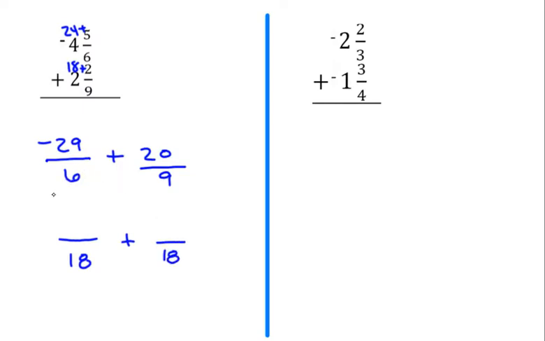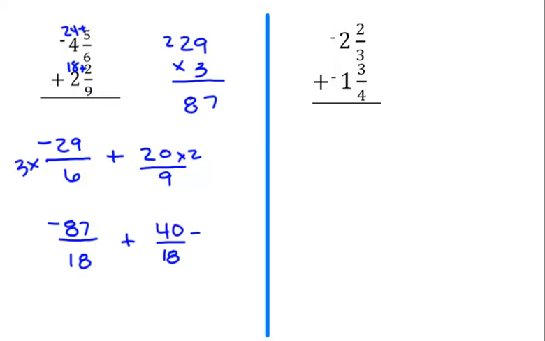Okay, so 6 goes into 18 3 times. So 29 times 3 is 87. 3 times 2 is 6, plus 2 is 8. So that's going to be negative 87 because we had a negative times a positive. 9 goes into 18 2 times, and 20 times 2 is 40.